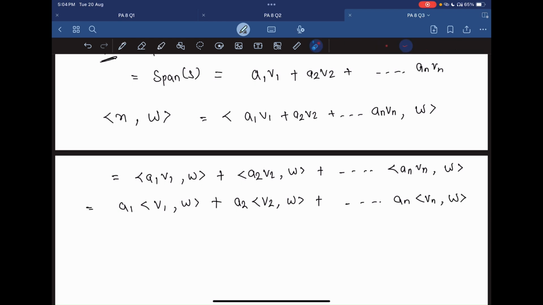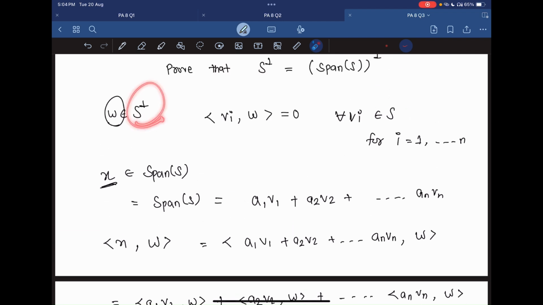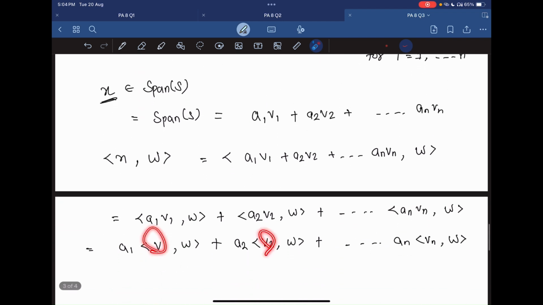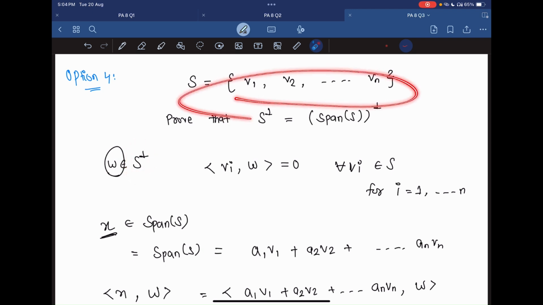Now as we know that w belongs to S perp, the orthogonal complement, and v1, v2 till vn belong to the set S, and it is given that w belongs to S perp, that means any vector in the set S would be orthogonal to the vector w.